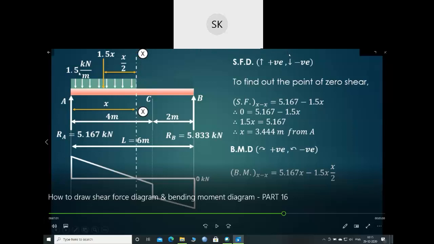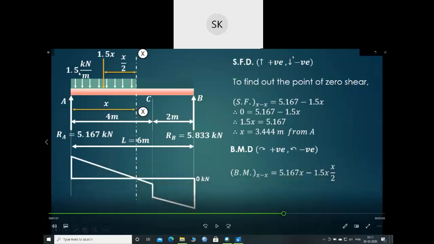Let me draw once. Suppose during bending moment, you have a beam A, you have a point load at C, and you have a UDL, at the end you have B, and here you have D. So what you do, take a section and find the bending moment at this section, between A and C, C and D, and D and B. So you take three sections, find the bending moment at the three sections.